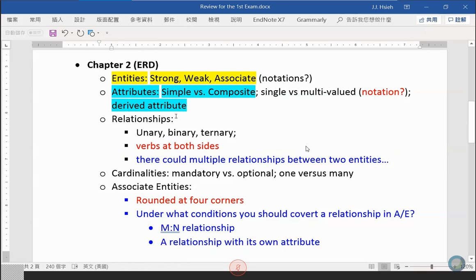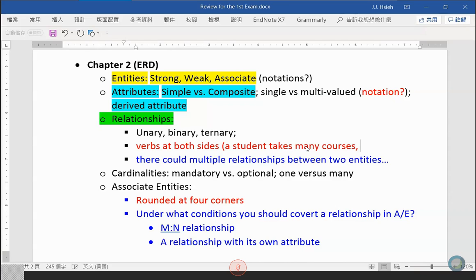And the next big thing is relationship. There are different kinds of relationship, depending on the degree: unary, binary, and ternary. And for any relationship, I want to see the verb at both sides. One side is active, the other side is passive. Say a student takes many courses.